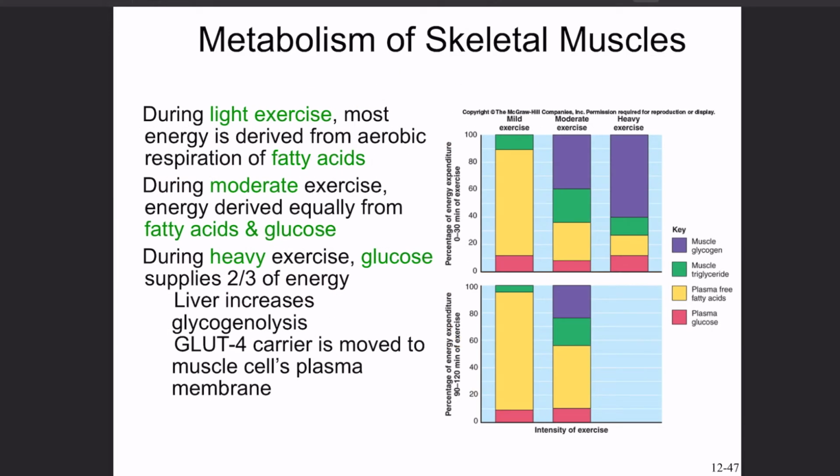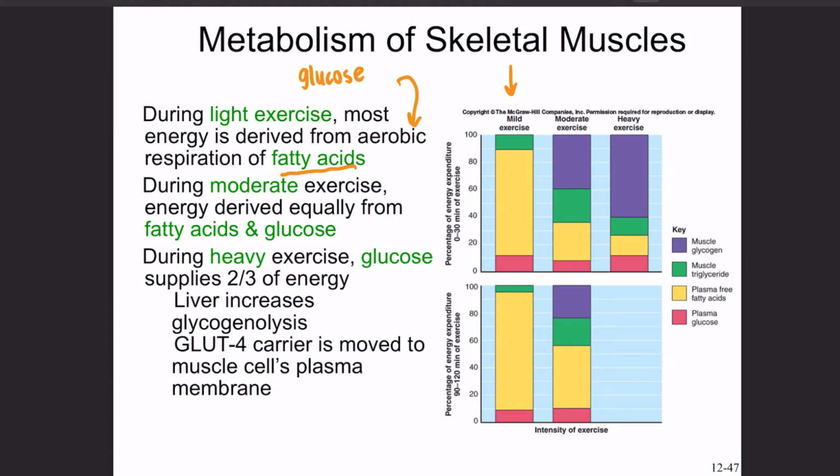During light exercise, as you can see on the left-hand side of this graph, most of our energy is derived from fatty acids. Fatty acids undergoing aerobic respiration. This should be kind of interesting to you, because maybe you've always learned that glucose was the driving molecule, but fatty acids can actually feed into the same mechanism in the same way.